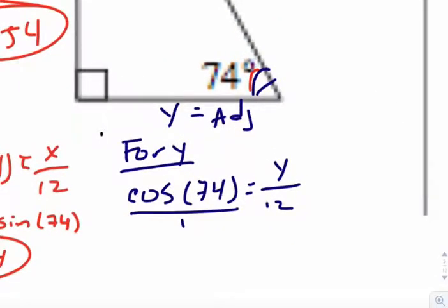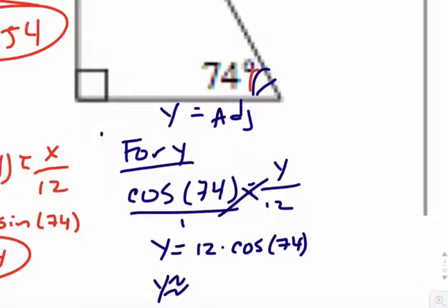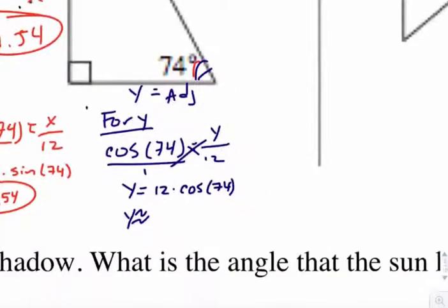So algebraic solving again, cross multiplying, y is equal to 12 times the cosine of 74, which gives y an approximate value of, let's see, I got 3.31.